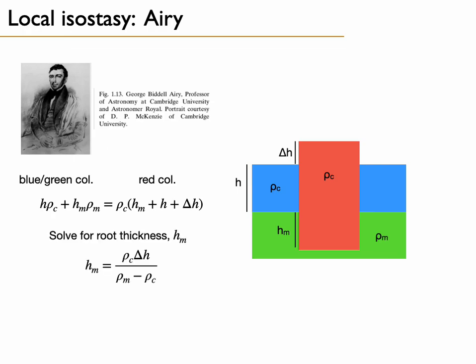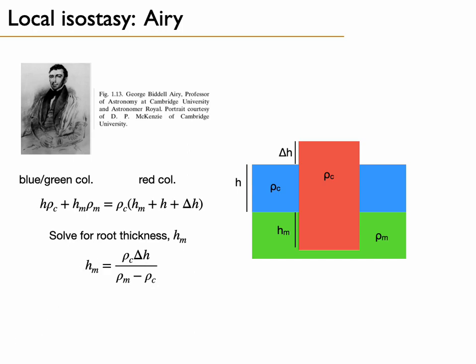Having this, it's possible to solve for the root thickness, hm. It's usually the information that we don't know because we cannot observe it. So let's solve for hm, and one obtains rho c delta h divided by rho m minus rho c.